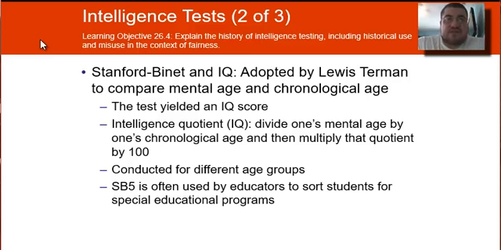We have 15 over 15, which gives you 1, times 100, which gives you 100, and you are perfectly average for your score. This was conducted for different age groups, and the Stanford-Binet version 5 is used by educators to sort students for special education programs.